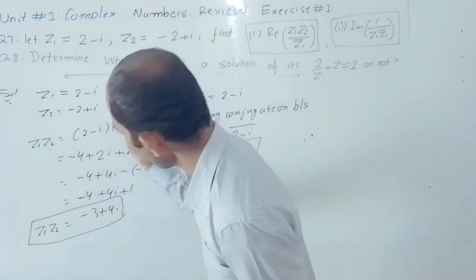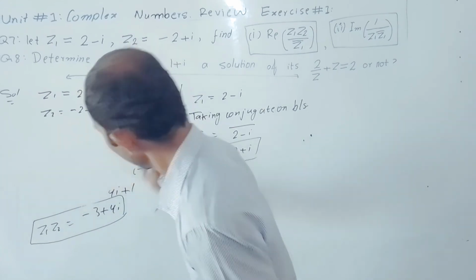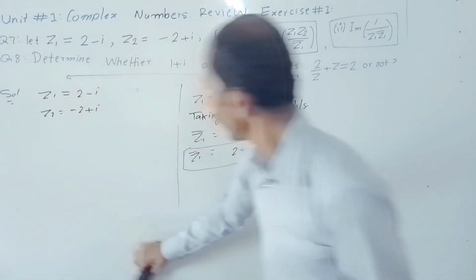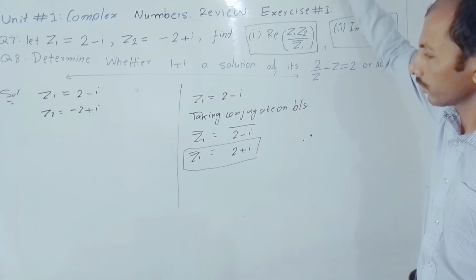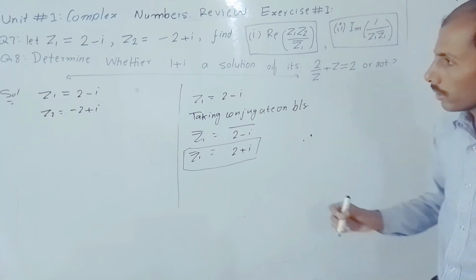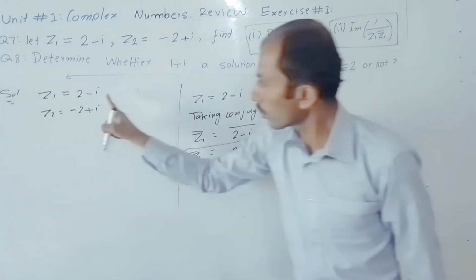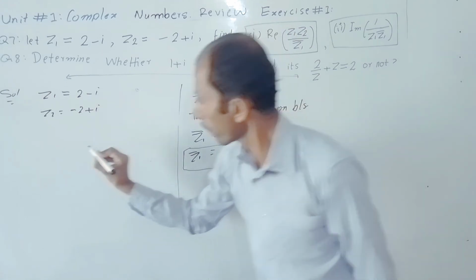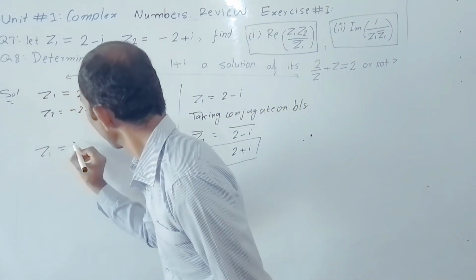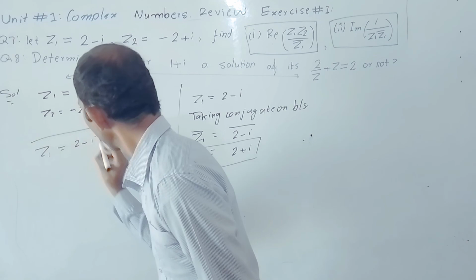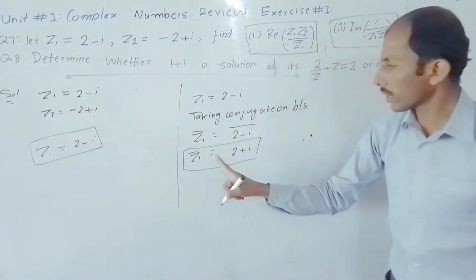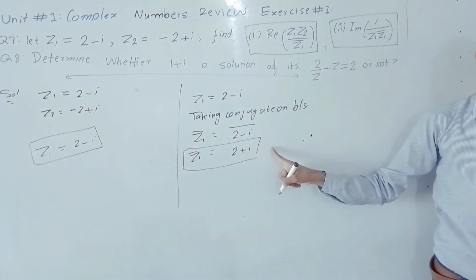So z1 is equal to 2 minus iota. So z1 conjugate is equal to 2 plus iota.